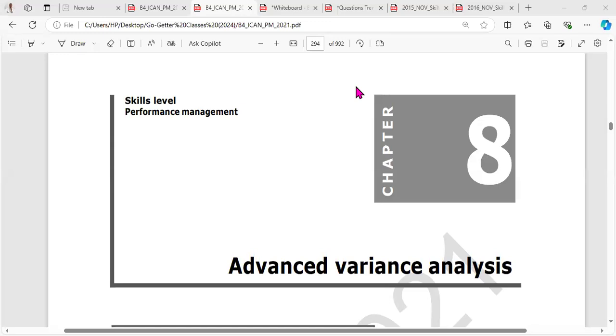And we found out that the budget and the actual results cannot be fairly compared because the level of activities probably are not the same. Probably the sales volume used in the budget is different from the actual sales, or perhaps the production volume in the budget is different from the actual.